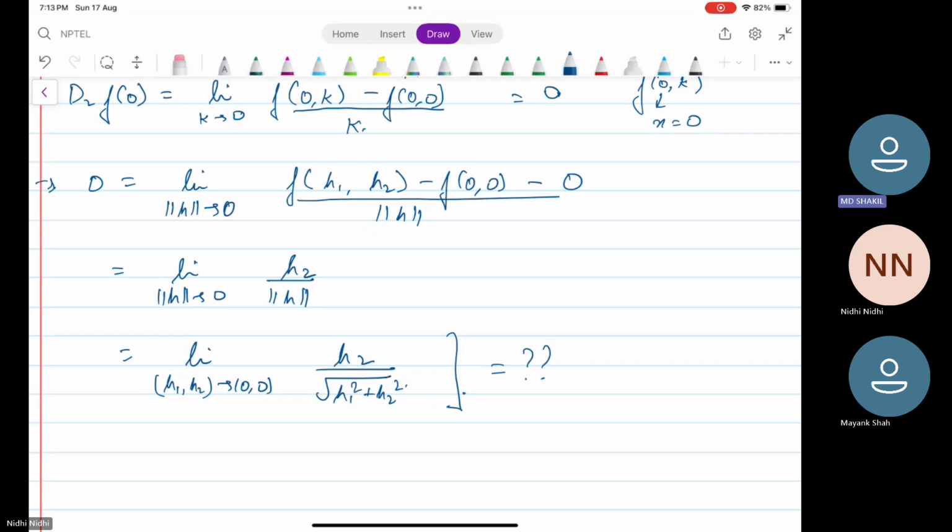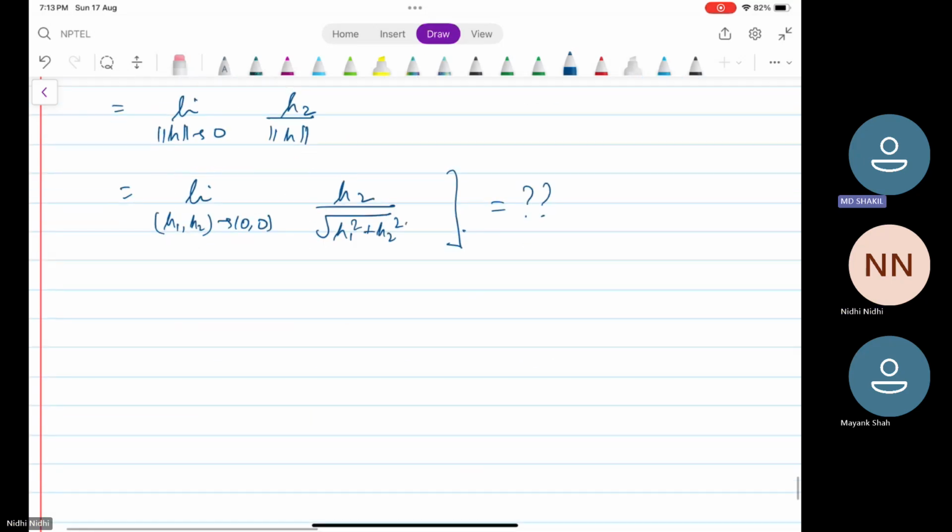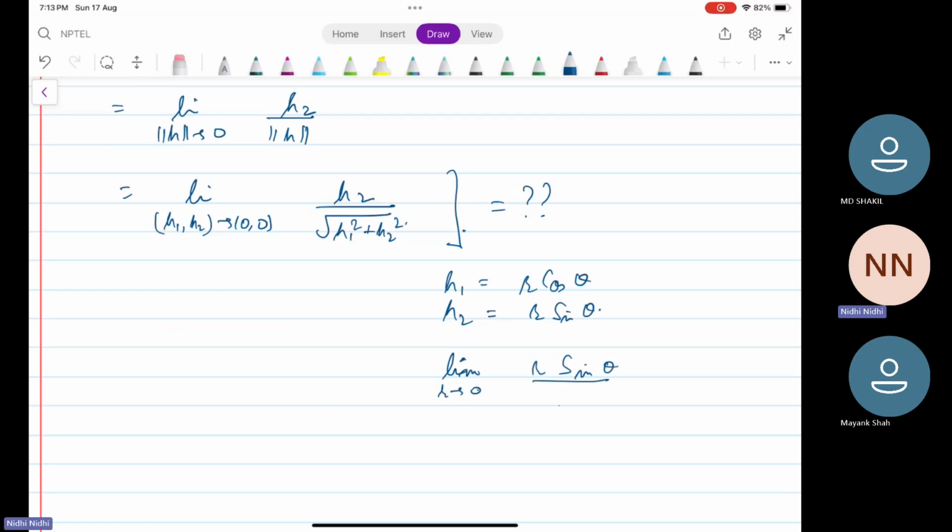It will not exist, right? How? If we take h1 to be r cos theta and h2 to be r sin theta, then this will be the limit as r tends to 0 of r sin theta upon r.